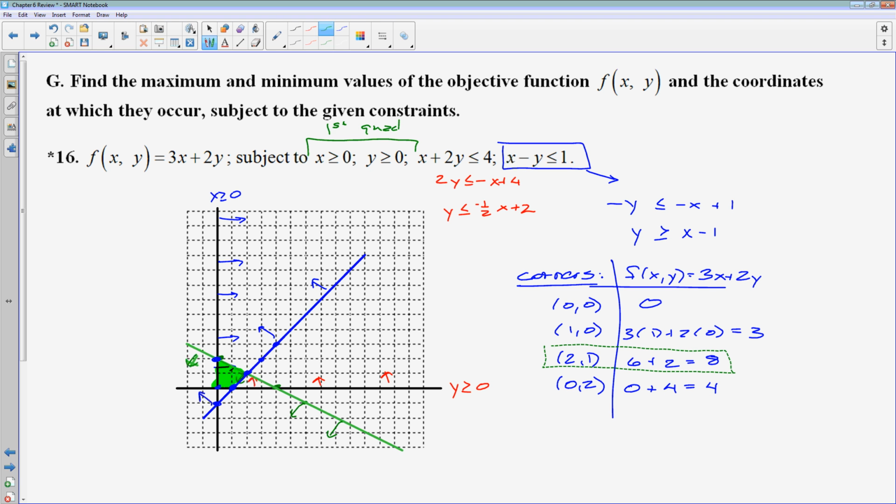I'm okay if you just want to draw a box around it and say, hey, there's the max. My minimum occurs right here at 0, 0. That gave me my smallest value. So there's the minimum. Good? So I have a max at 2, 1 and a minimum at 0, 0.